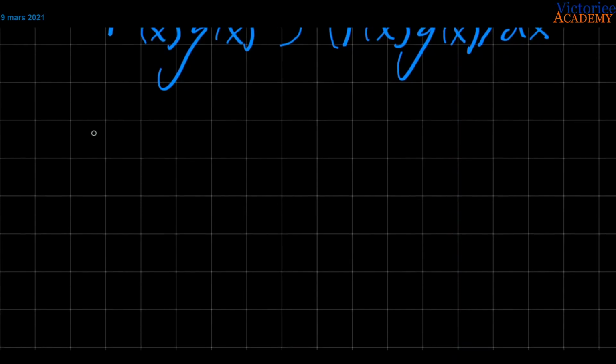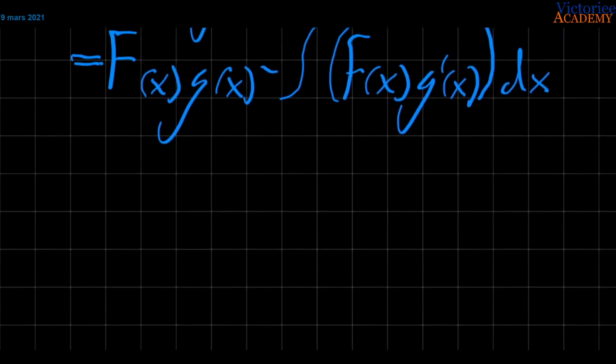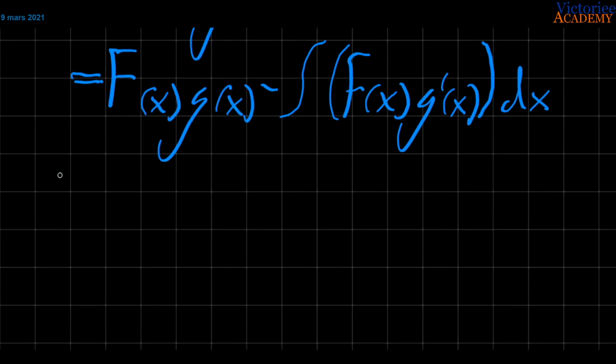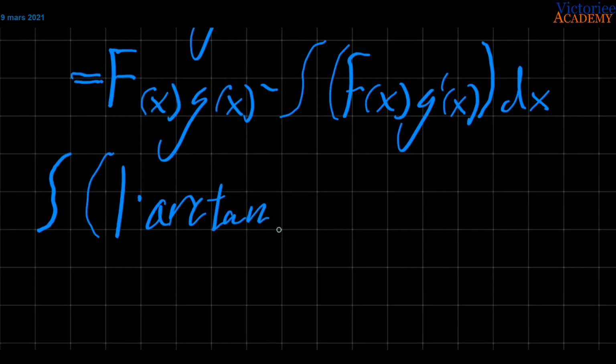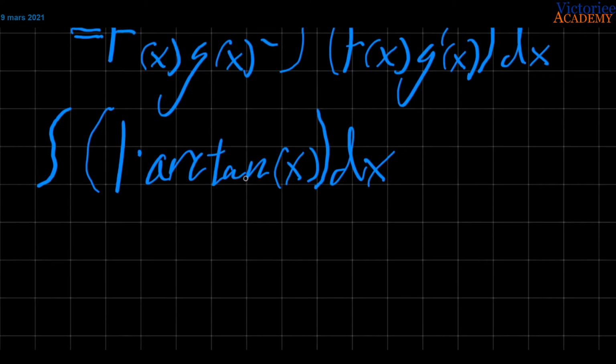So if we rewrite our original expression here, 1 times arc tangent of x, then this is obviously the same expression as if the 1 wouldn't be here.